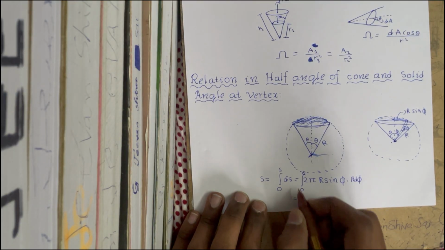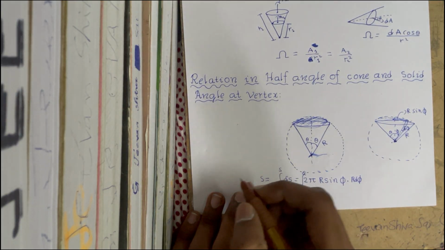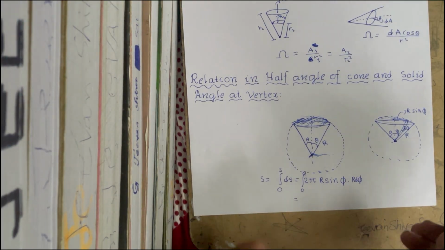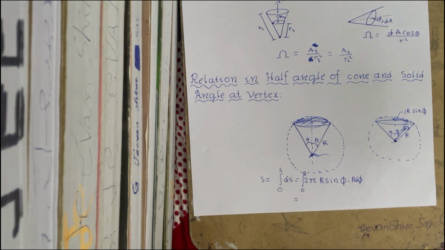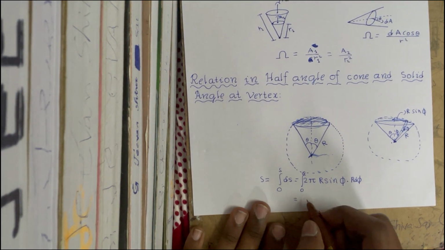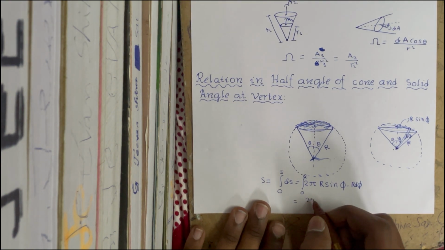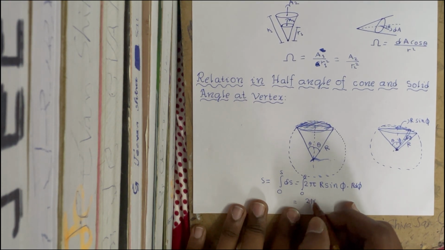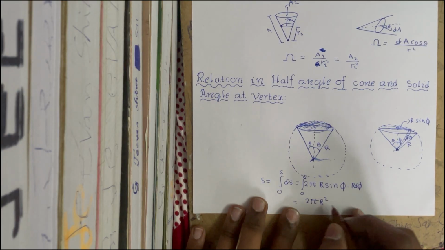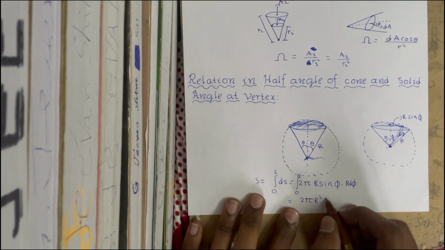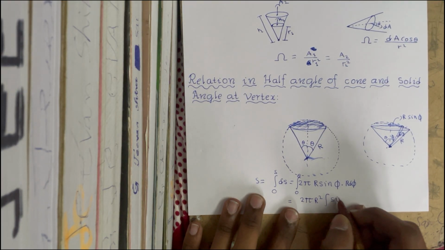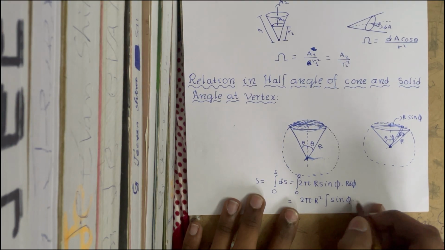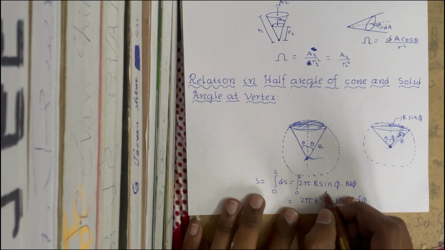So we can separate the constants from the integration part, which was just 2 pi r square, and integrate the sine phi with respect to phi from 0 to theta.